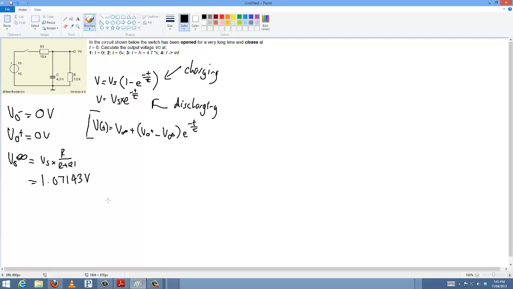Basically, we want the charge at a particular time, in this case 4.7 microseconds. Ignore the stupidity of paint right there.